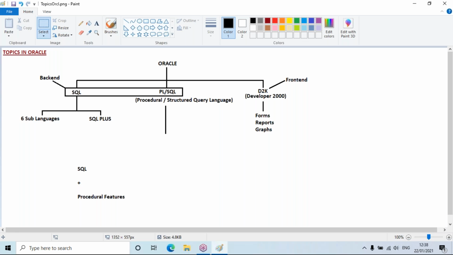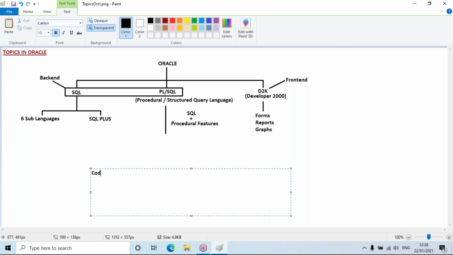What does it deal with? Yes, this deals with coding, which you call programming.